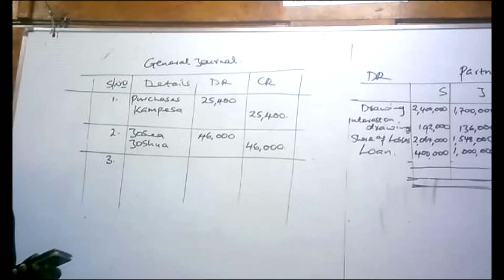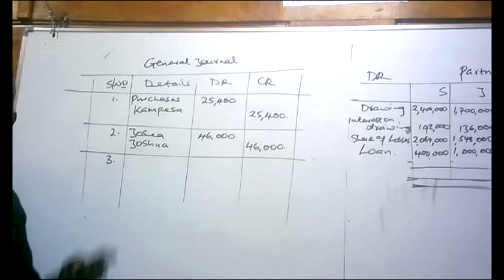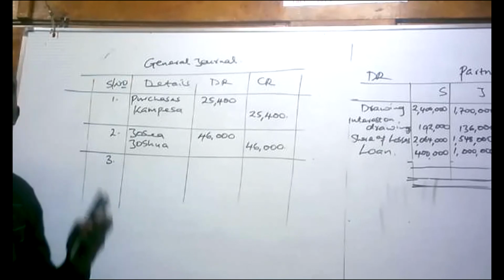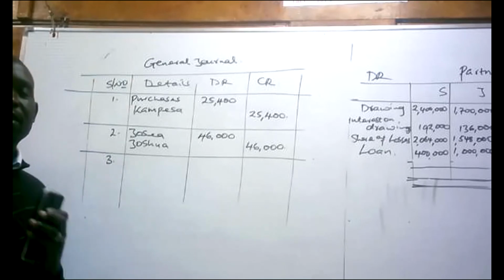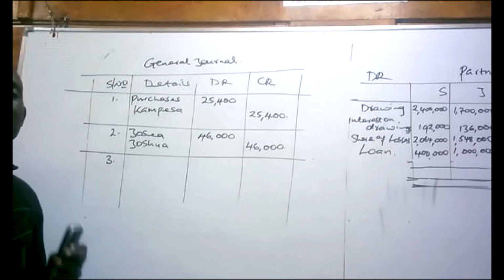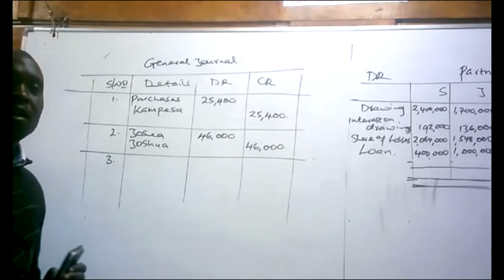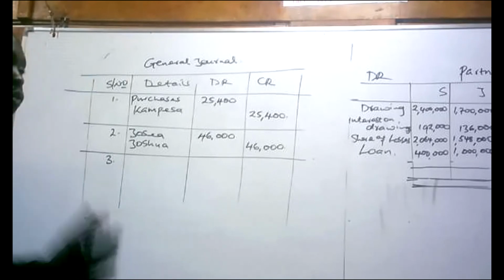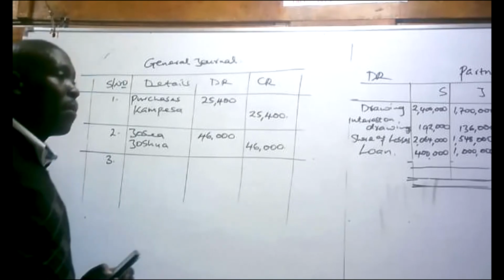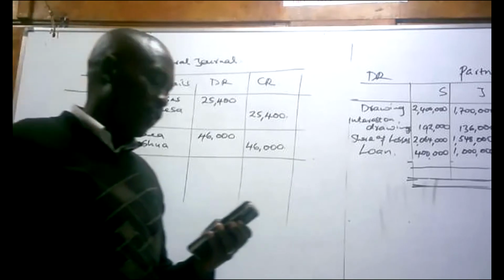That is the figure that we shall use because of the reversal of entries. It is the same account, but the figure was recorded on the wrong side. You take it to the correct side, but you double the amount so that half of the amount is to cancel the error, half of the amount is to be posted correctly.